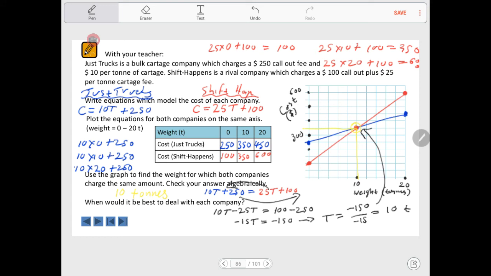Okay. So, when's it best to deal with each company? Well, if you're going to go up to 10 tons, you go with Shift Happens. So 0 to 10 tons, use Shift Happens.